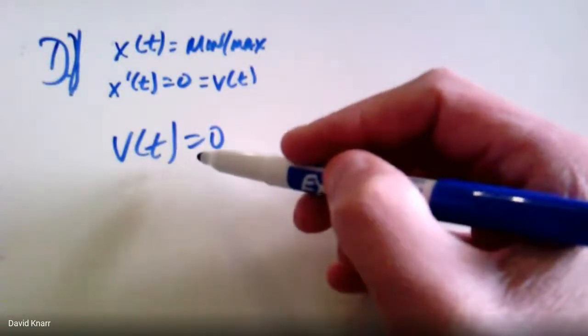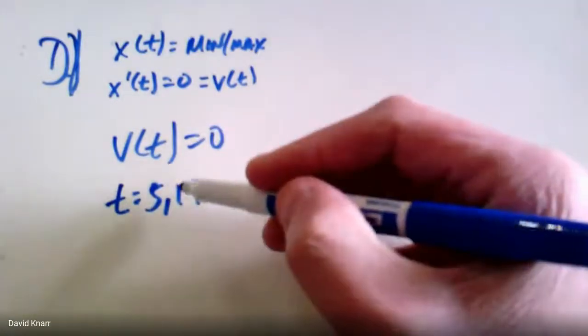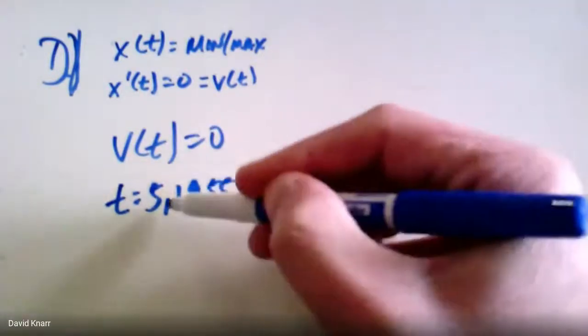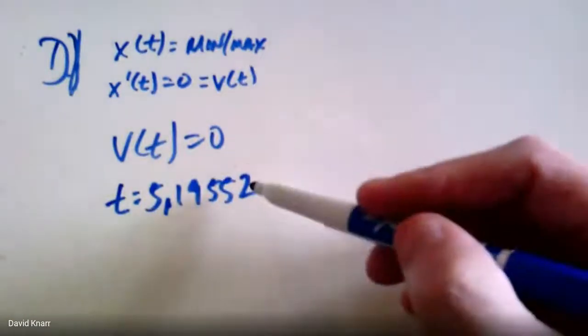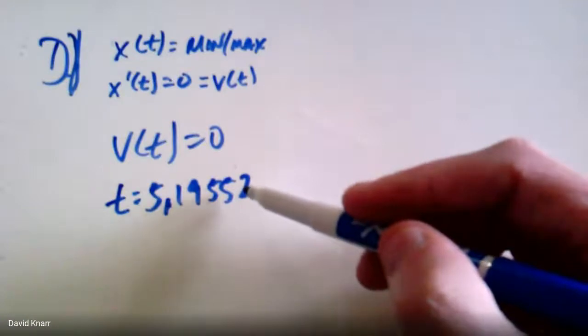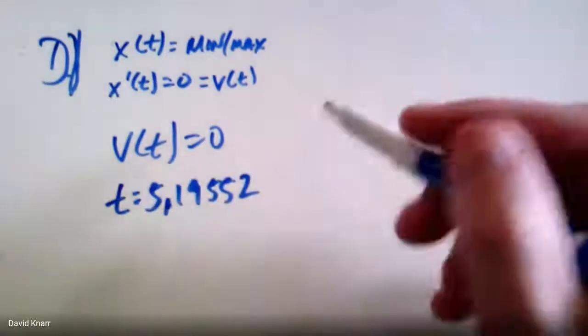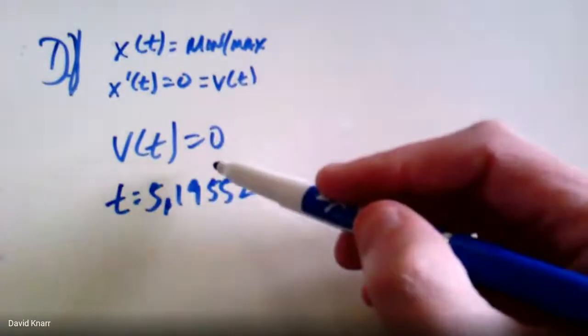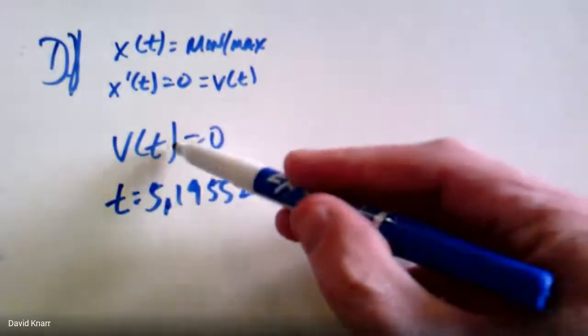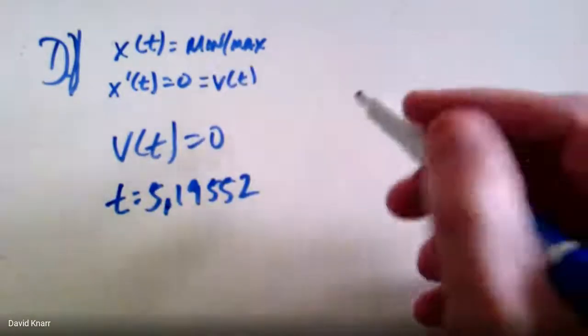It equals 0 at 5.19552. Okay, there's my one value, but I want to know the position at that value. All I have is v, so to find its position, I have to integrate to go backward one step.